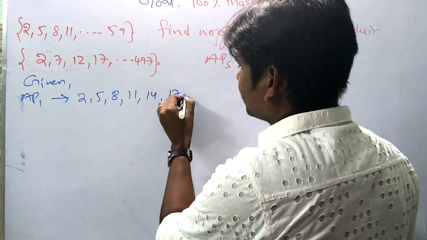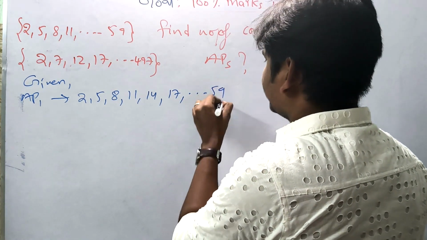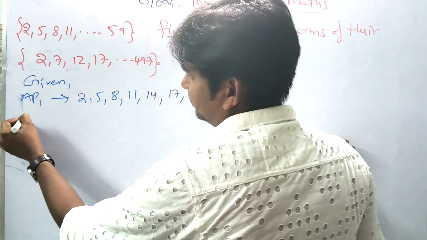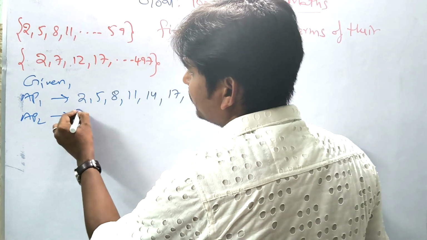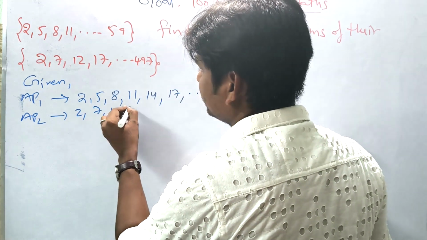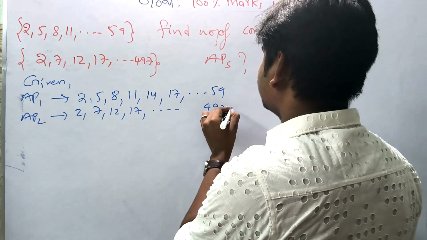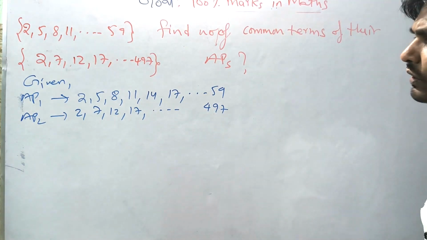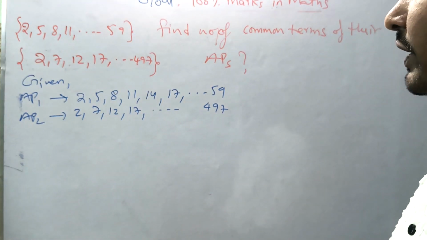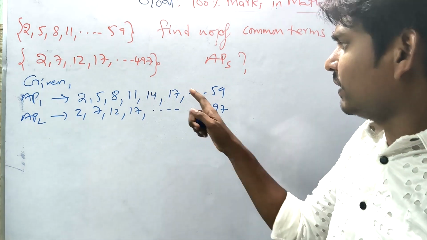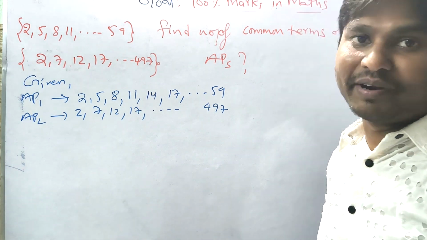Next, plus 3 gives 17, and so on up to 59. Now the next one, AP2. AP2 is 2, 7, 12, 17 and so on up to 497. Now if you observe carefully, in AP1 and AP2, one common term is there.